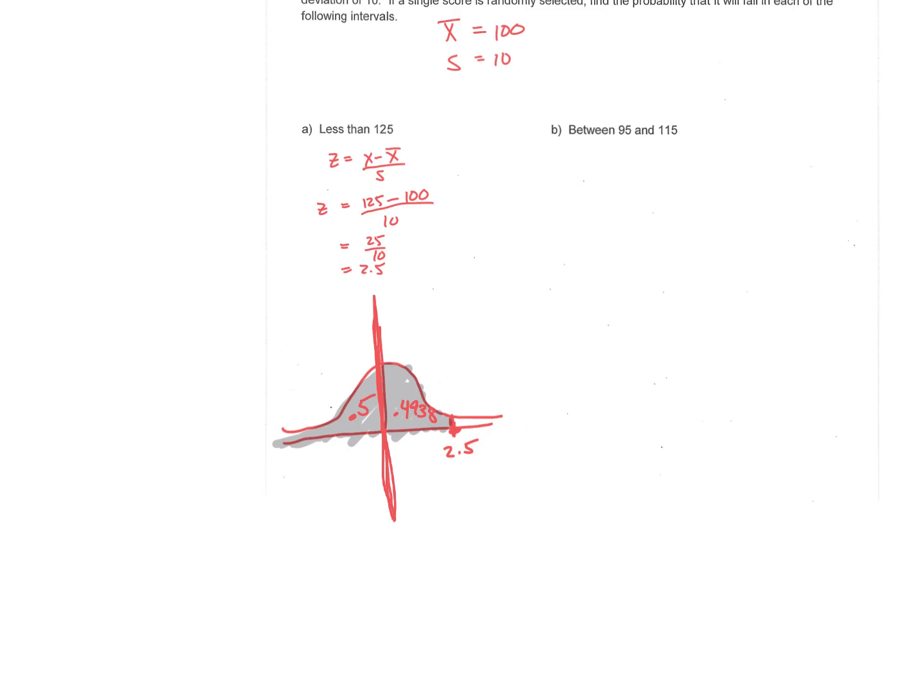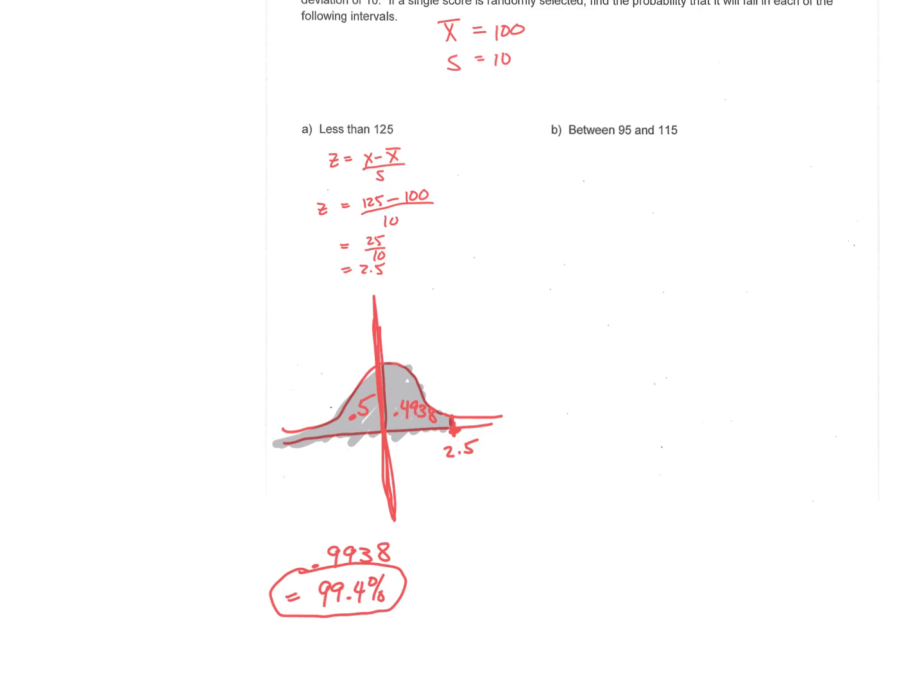So then adding that together, that's 99.38, which rounds to 99.4% chance that someone would have an IQ less than 125.